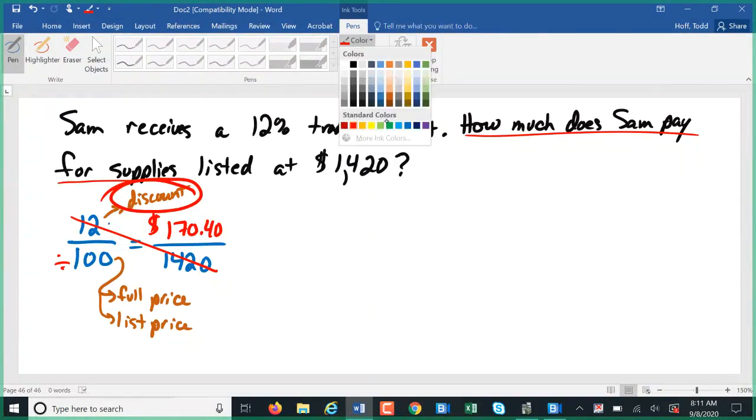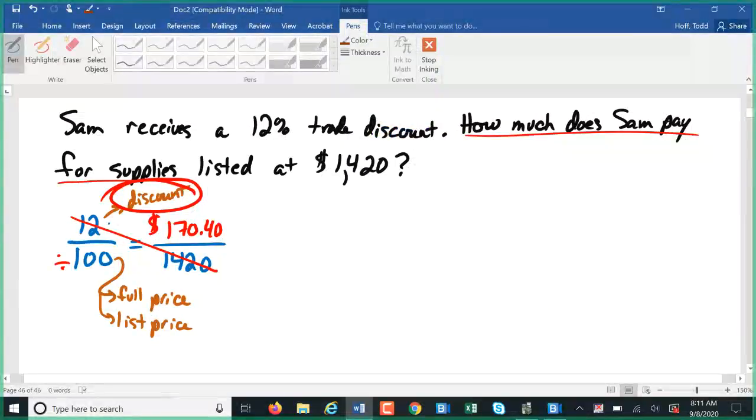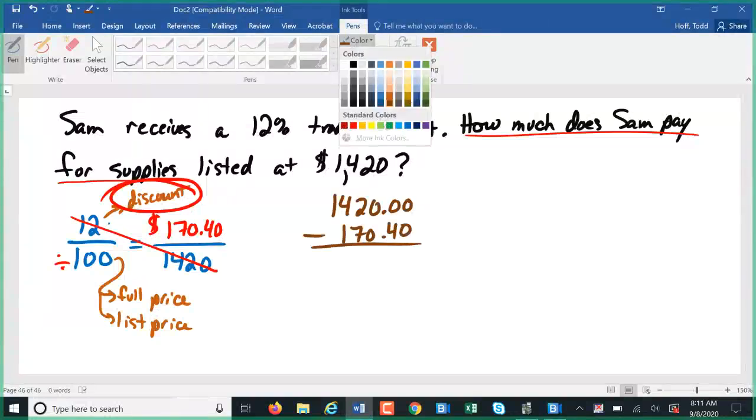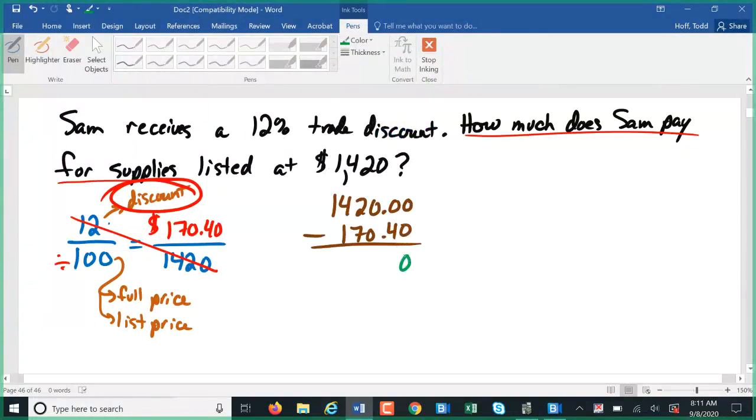Now it gets us closer to it, because to get to the answer, all we have to do is take that $1,420 and subtract the $170.40. So what do we have here? The $1,249.60 is the amount that Sam pays.